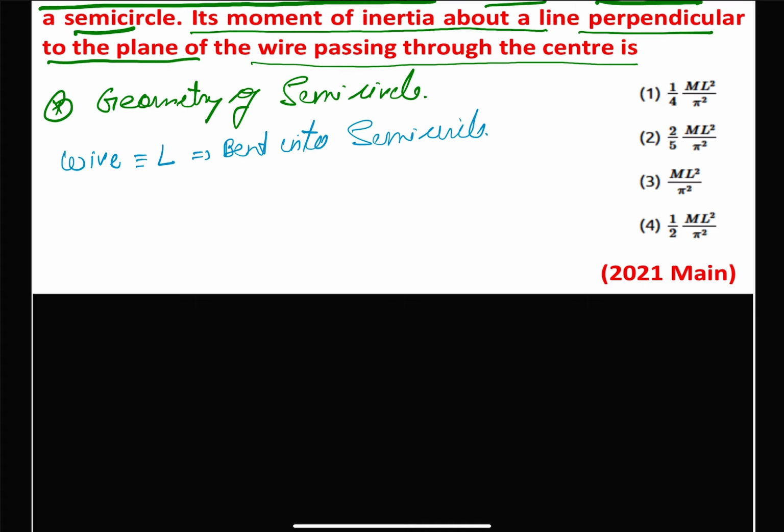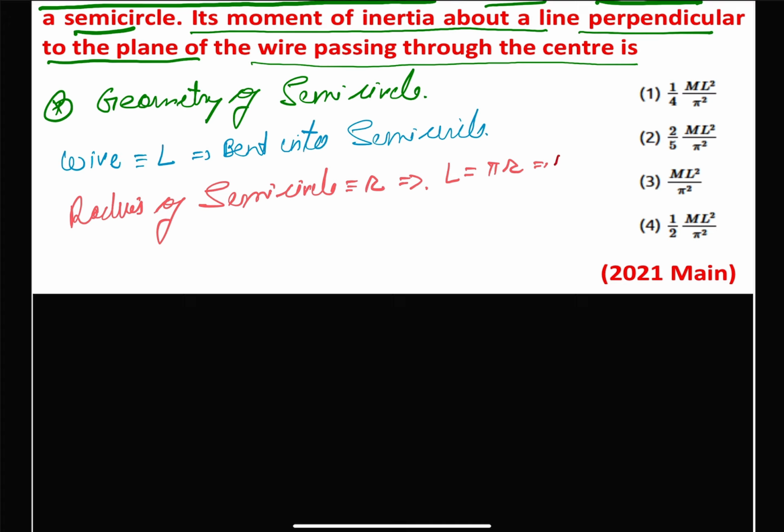And if the radius of the semicircle is, suppose, small r, then we can say that our length will be equal to pi times r.